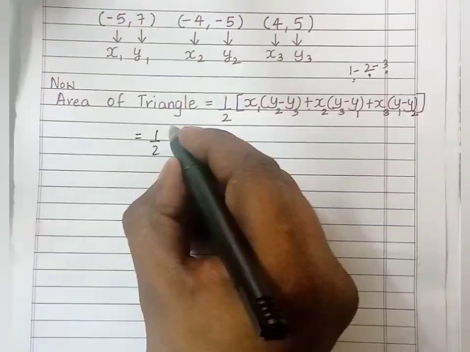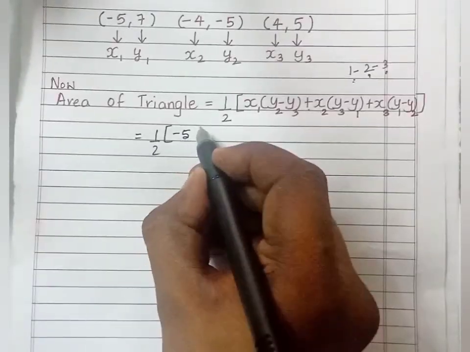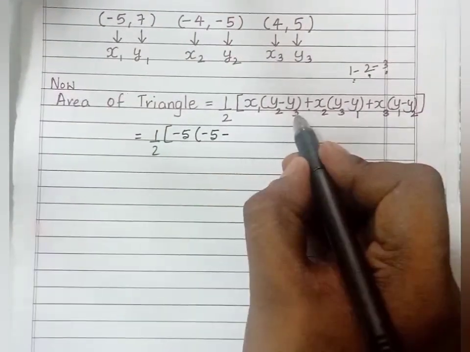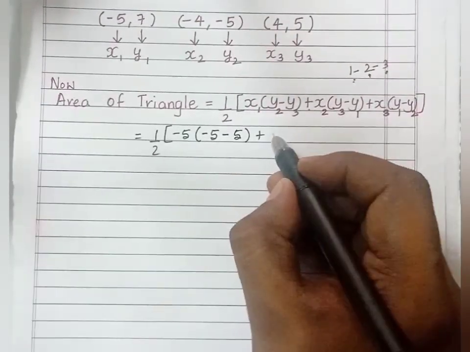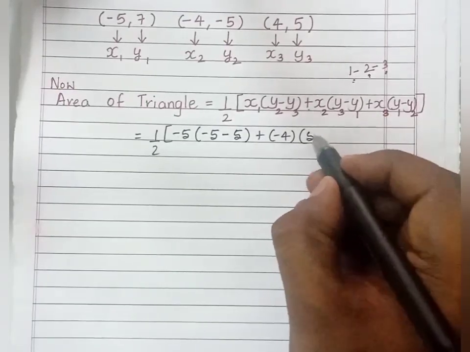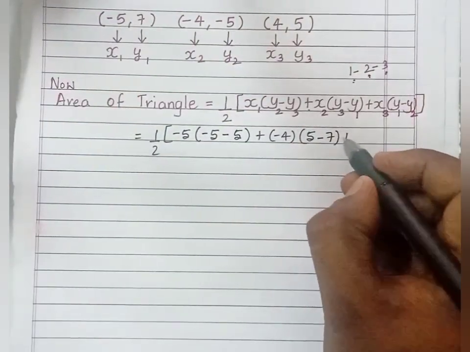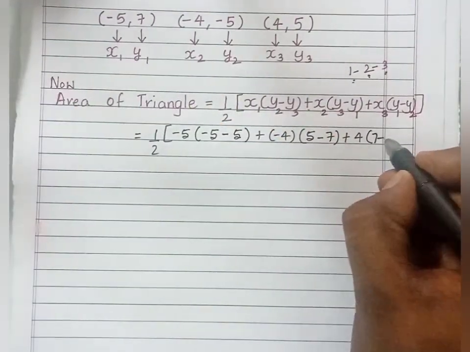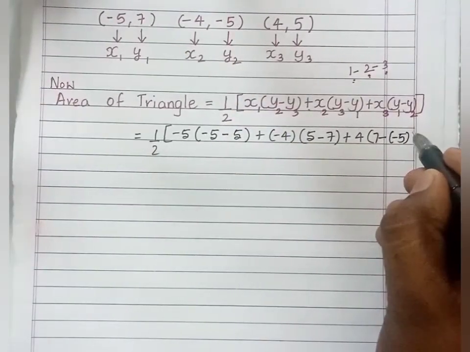So you'll get half into x1 is minus 5, y2 is minus 5, now y3 is 5, plus the value of x2 is minus 4, y3 is 5, minus y1 is 7, plus x3 is 4, now y1 is 7, minus y2 is minus 5, so I get minus of minus 5.